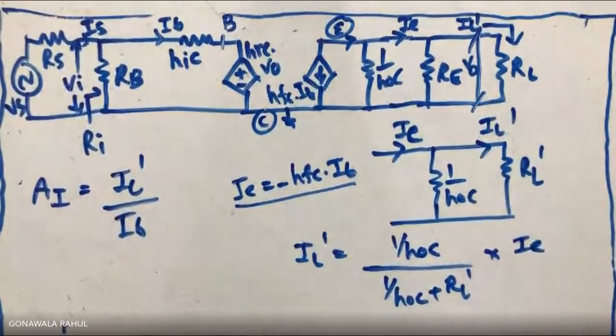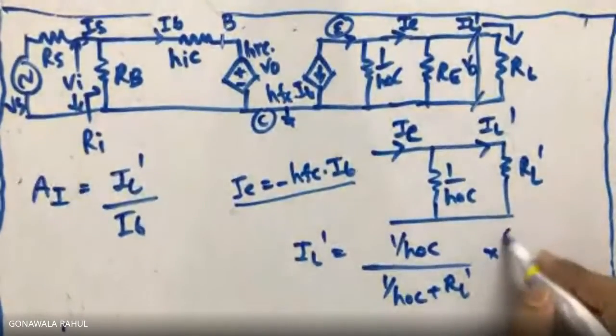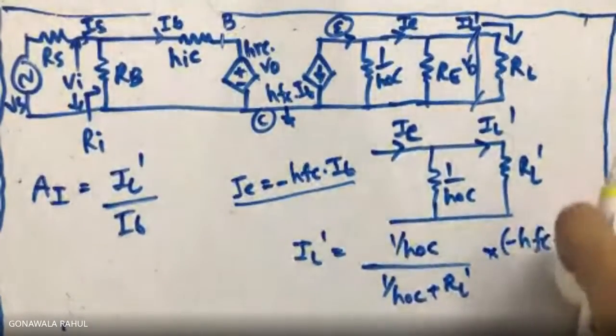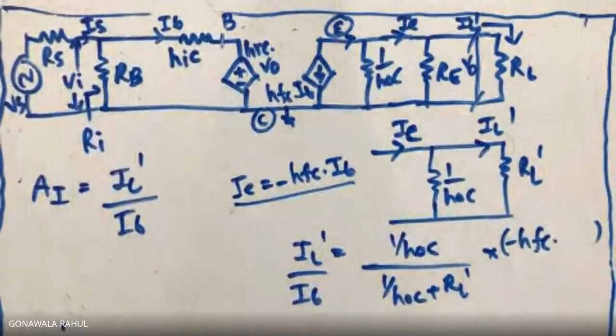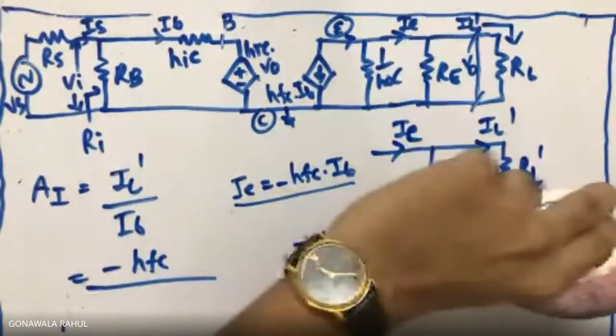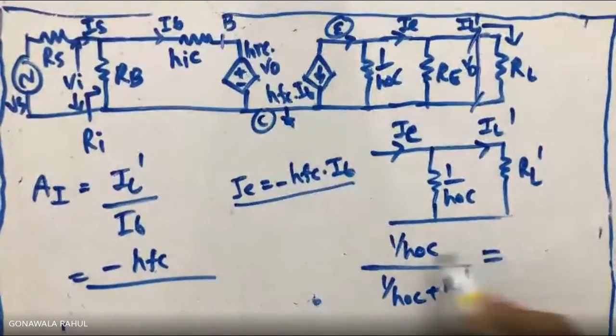Now as we know that IE is equal to minus HFC into IB, rearranging this, IL dash by IB is equal to minus HFC, and I am doing some mathematics here.